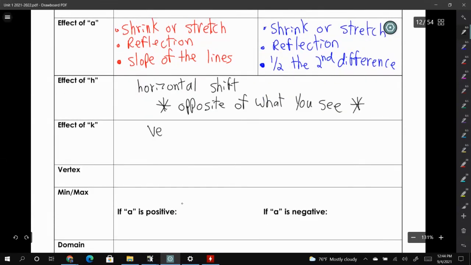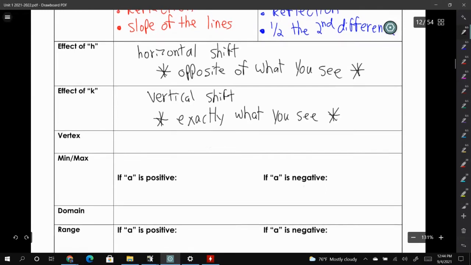K is your vertical shift. And that is exactly what you see. Your vertex for both of these, it was h comma k.